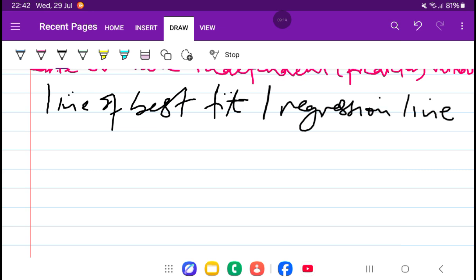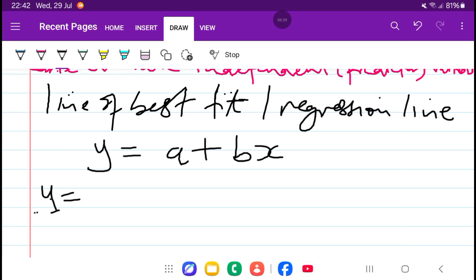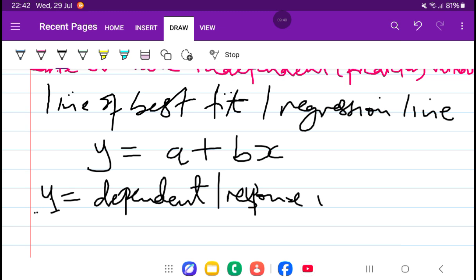And since it is a straight line, it takes a form of y equal to a plus bx, whereby this y represents our dependent or response variable.